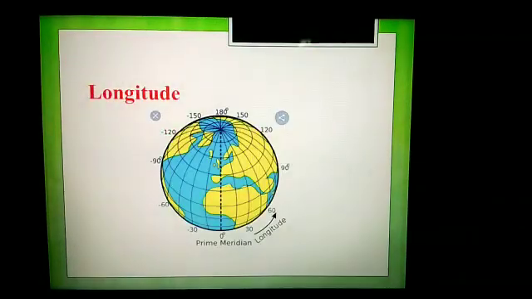Look at this picture, children. That is the prime meridian. See, the dotted line is the prime meridian, from 0 degree towards west.